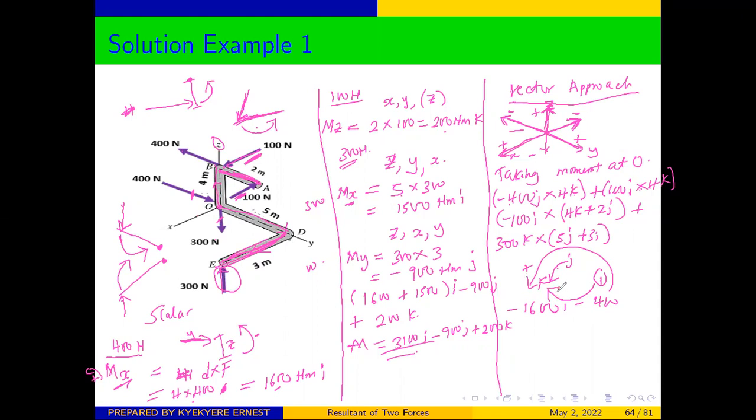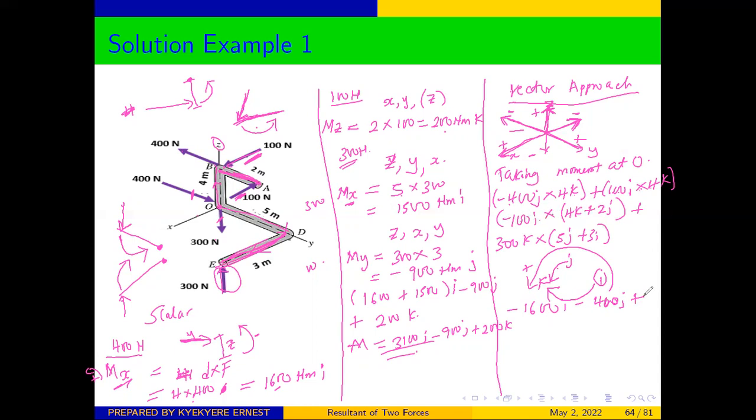So 100i times k is clockwise, so we are going to get negative 400j. Negative 400j plus negative 100j times 4k.